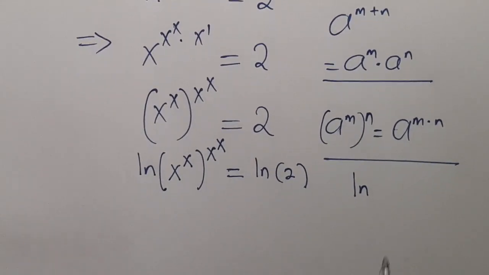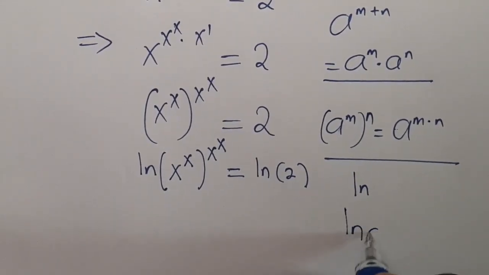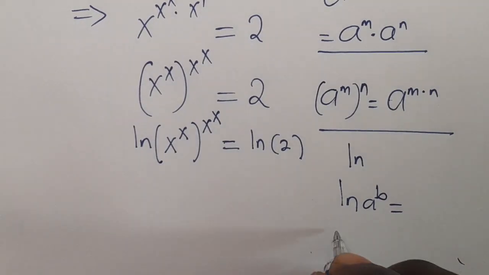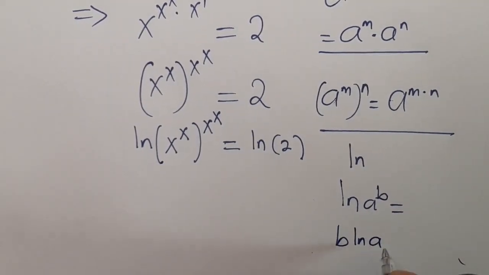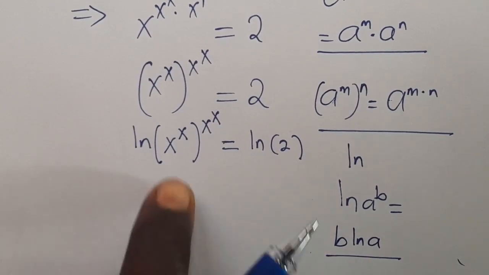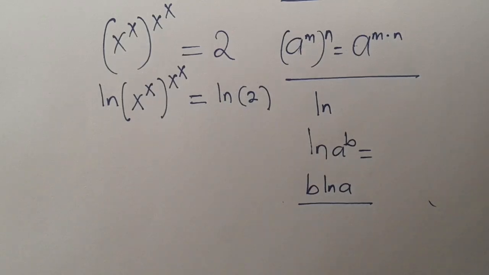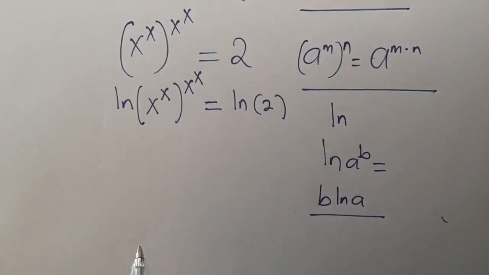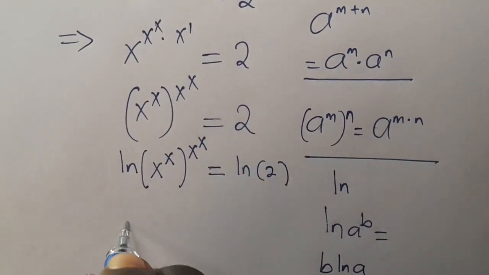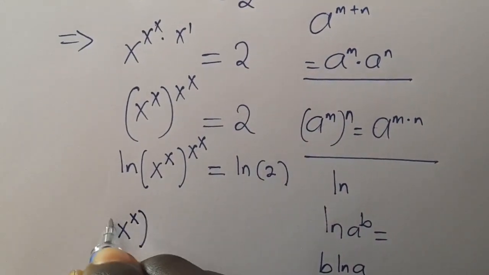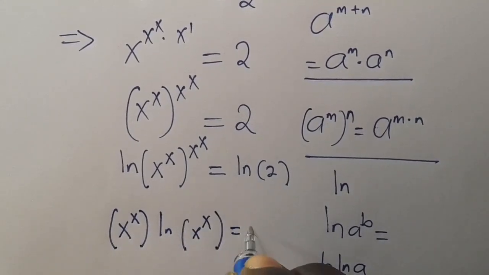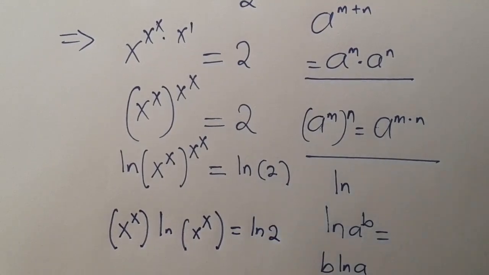And when you have ln of a raised to power b, this will always equal b ln a. So by applying this expression, we have x raised to power x, then ln x raised to power x equals ln 2.